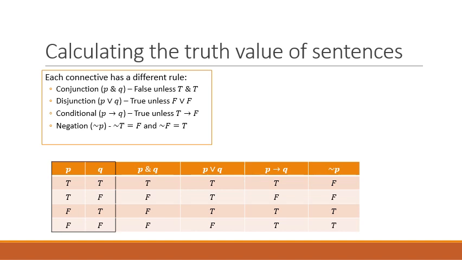And if you fill out this chart, it's just filling it out using this rule. So if you look at and, the only time it's true is at the top, right? Is when you have true and true. Otherwise, it's false, right? Every other scenario, it's false. So that's just how and works. It's only true under one type of condition. Similarly with or, you'll see that it's usually true, right?